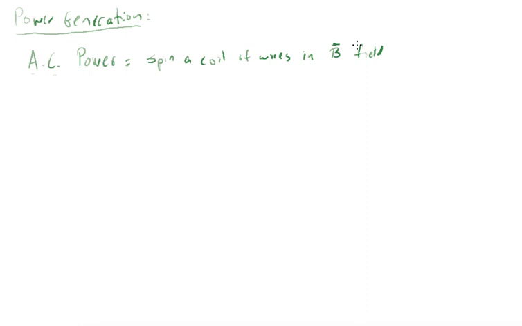In a B field, this changes the flux through it as it goes from parallel to perpendicular to anti-parallel and all like that. It will produce an EMF. I'm running out of room there, sorry. An electromotive force. Essentially, that's what's going to happen.